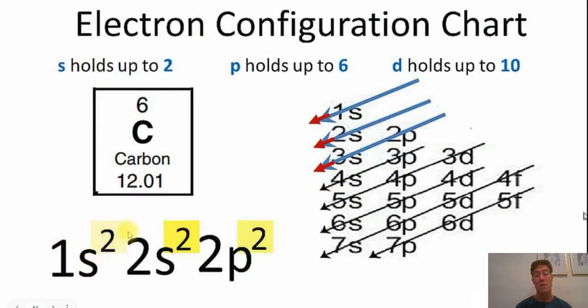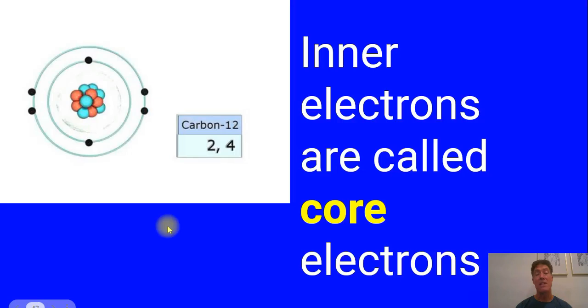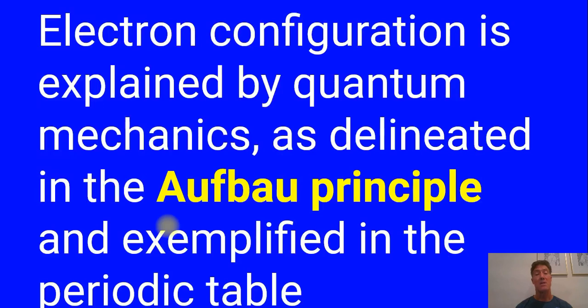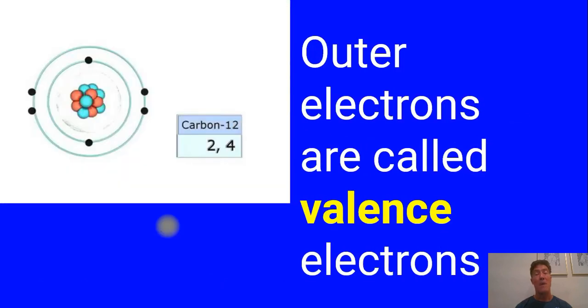These are the core electrons, and these 4 other electrons in the 2 shell are known as the valence electrons. And the valence electrons are where all of the magic happens. The physical and chemical characteristics of all elements are determined almost entirely by the valence electrons.